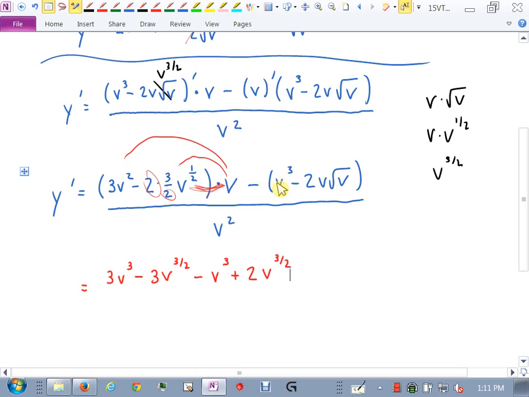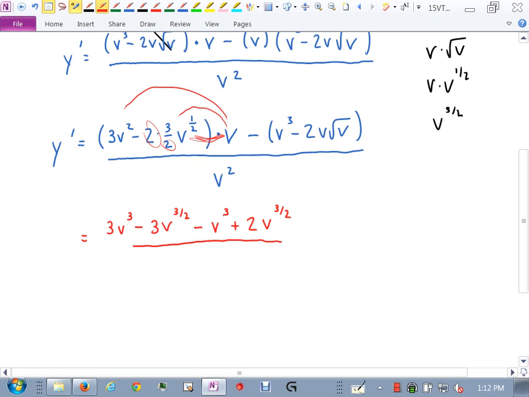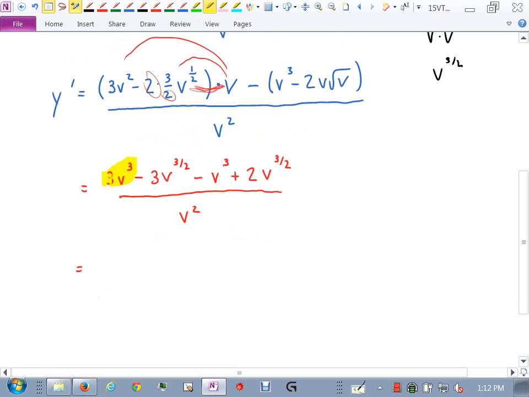So I just distributed the negative here, minus v cubed plus 2, and then I went ahead and just rewrote that as v to the 3/2, all over v squared. I can collect like terms on top. 3v cubed minus v cubed is 2v cubed. And then I have like terms again. -3v to the 3/2 plus 2v to the 3/2 is minus 1v to the 3/2. So I'm just going to put minus v to the 3/2 all over v squared.